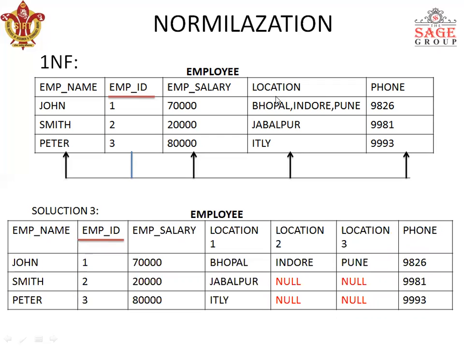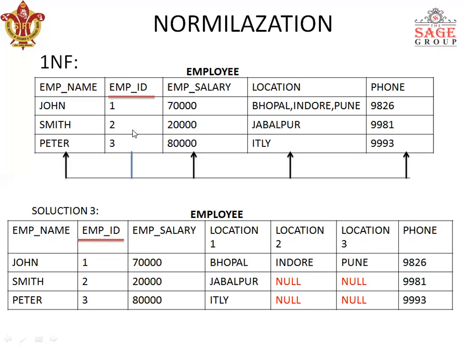What we have created is that we break down this location into 3 columns: location 1, location 2, and location 3. So here we have reduced some kind of data redundancy. The employee name, employee ID, and employee salary are as they are. Now the locations of employee 1 are Bhopal, Indore, and Pune. So in location 1 we have inserted Bhopal, location 2 Indore, location 3 Pune, and the phone number.